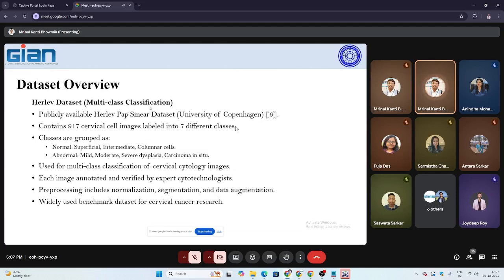The three normal types are superficial, intermediate, and columnar cells, and the 4 abnormal types represent different stages of dysplasia and carcinoma. Because it has more than 2 categories, we use the dataset for multi-class classification, which allows the model to not only detect abnormal cells but also identify the specific stage of abnormality. All images were labeled and verified by expert cytologists, ensuring high quality ground truth.